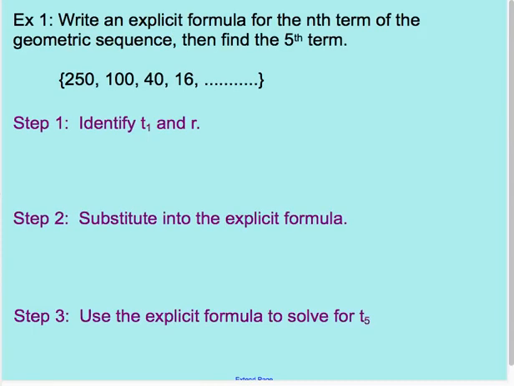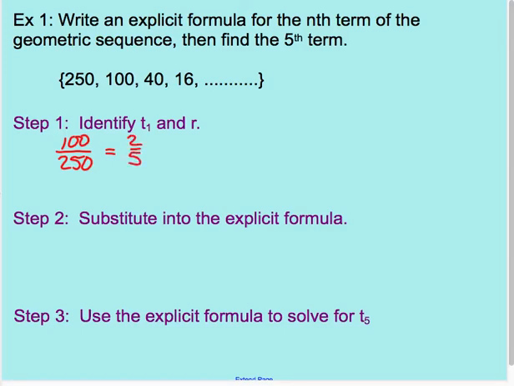Okay, so first we're going to take a look at, given a sequence, first we need to find the common ratio. The way we do that is we take the second term and divide by the first term. If you use your calculator, you'd get 0.4, which is 4/10 or 2/5.